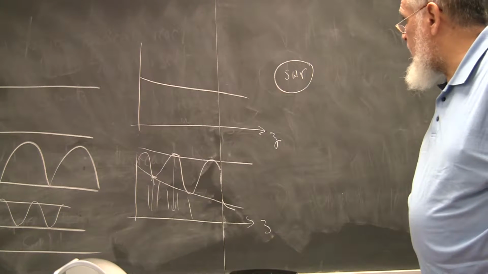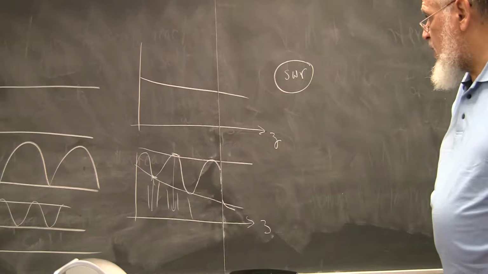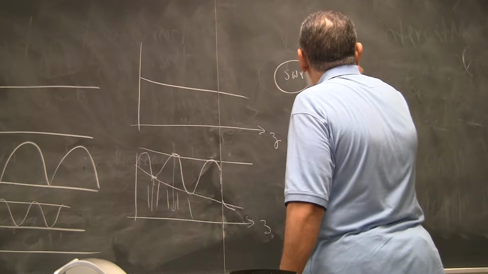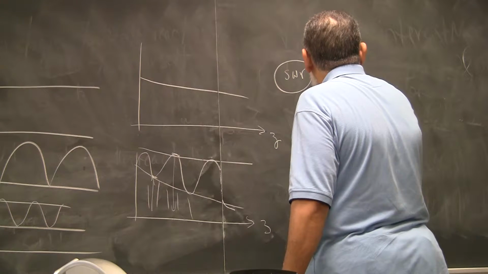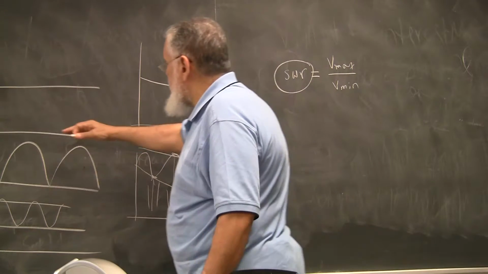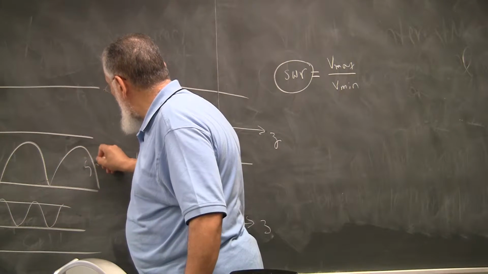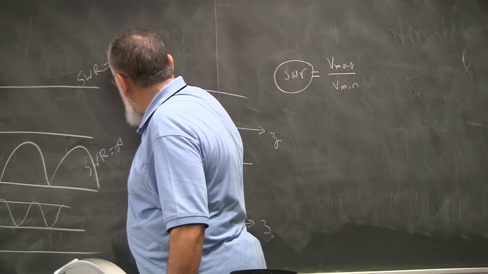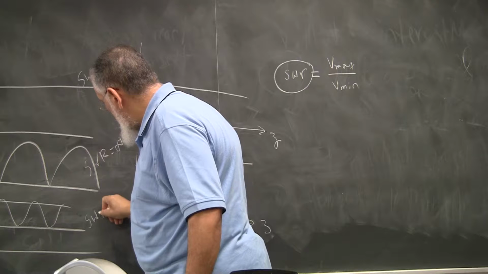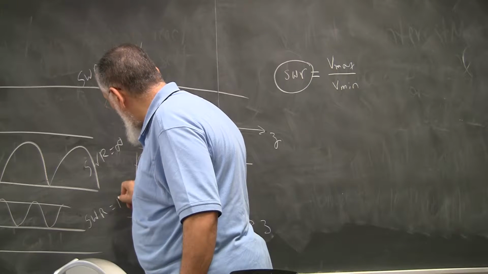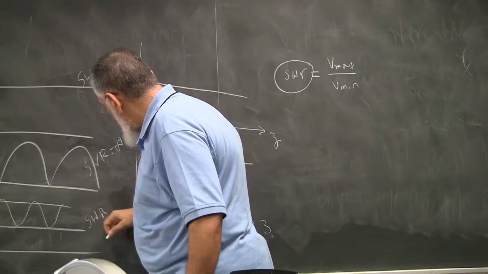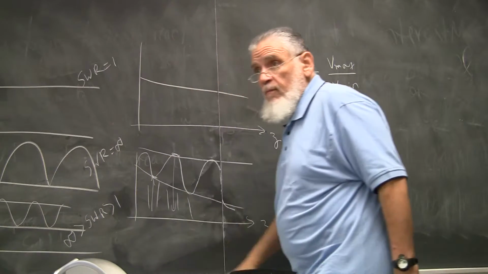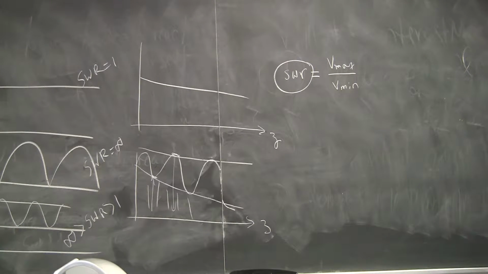So that's a number that is typically given, and it's defined simply by the ratio of Vmax over Vmin. In this case here, it's easy to define. In this case here, SWR is infinity. SWR here is 1. SWR here is some number between 1 and infinity. Alright?